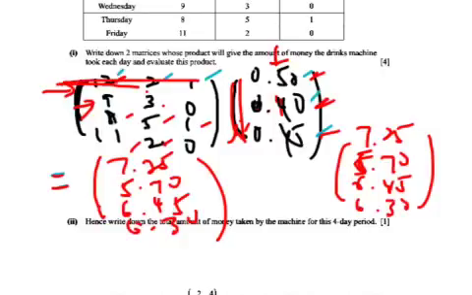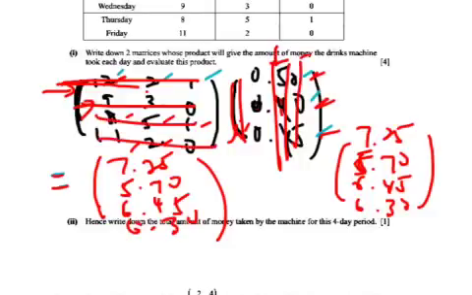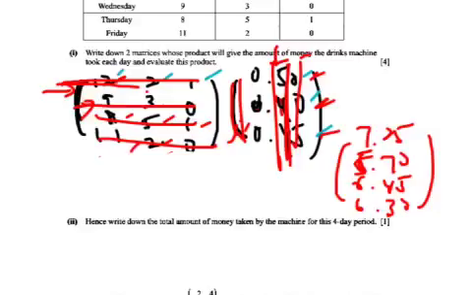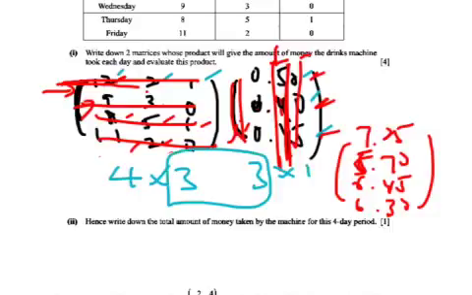So it's actually row times column, row times column, row times column, and row times column. Okay, let me erase this. You notice that this is a 4 by 3 matrix, and this is 3 by 1. So the middle part is the same, and you are left with a 4 by 1 matrix.